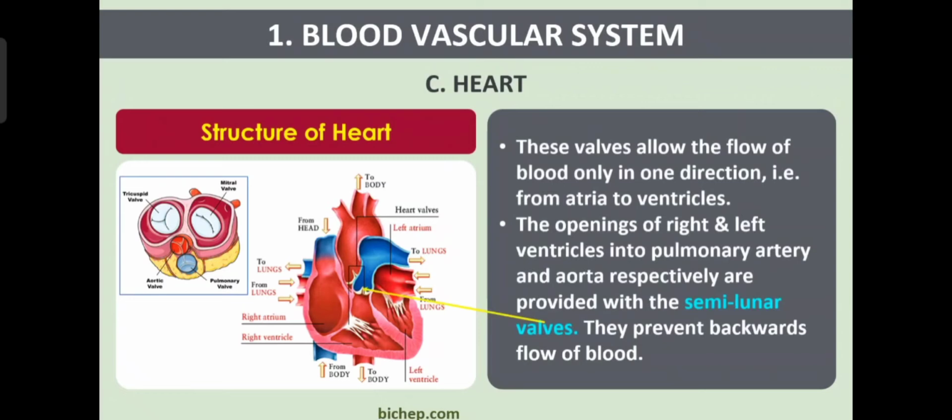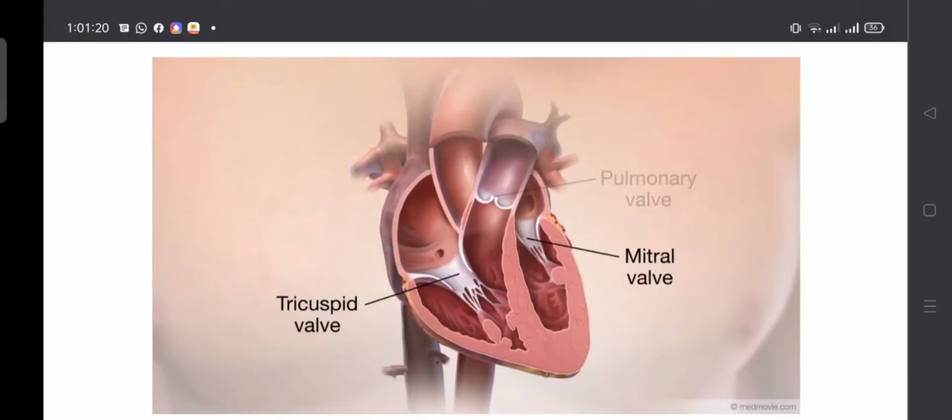That valve is called the semilunar valve, and it also prevents the backward flow of blood. Means from the auricle the blood will come into the ventricle. From the ventricle it will go into the pulmonary artery and the aorta. So one more set of valves is present, called semilunar valves, and they also prevent the backward flow of blood. Once it goes upward, it will not come back.